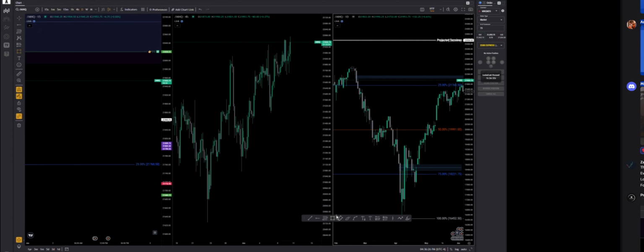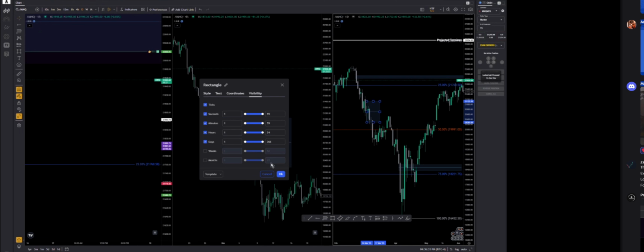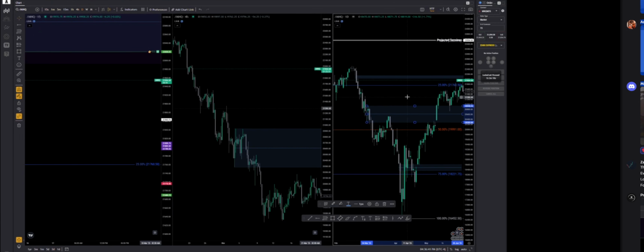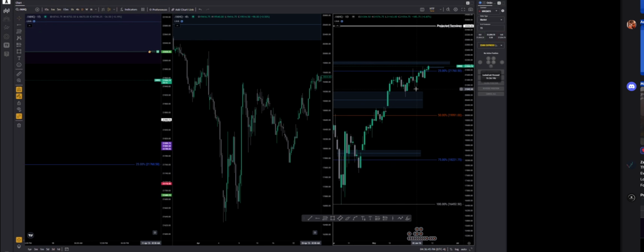Okay, in these areas you will see similar price action. See this? This is the area I'm talking about. Let me make it visible on the 4 hours. These are the areas I was talking about. Remember? Look how far it traded. At what level did you see that the market is finding it hard?